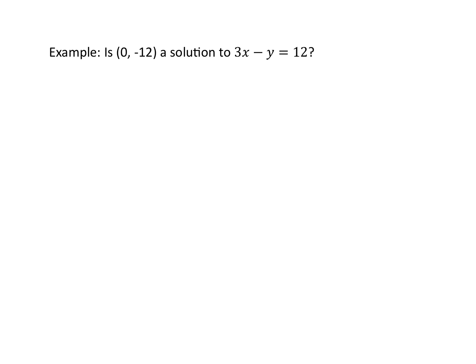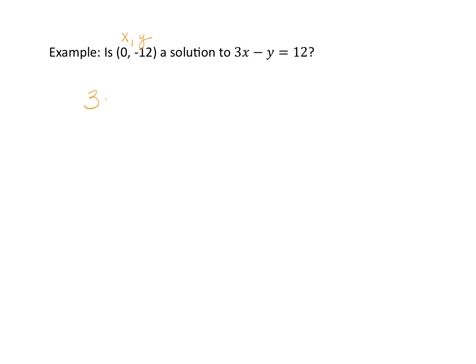Okay, so our next example: is the point 0, -12 a solution to the equation 3x minus y equals 12? So this point 0, comma -12 is an x, comma, a y. We have an x coordinate and a y coordinate. To ask if this point is a solution to this equation is to ask if you make the x a 0 right here and you make the y -12, is this equation true?